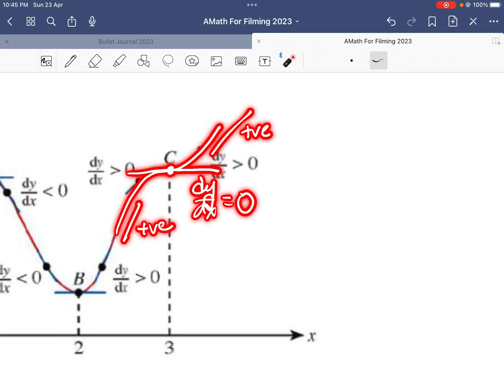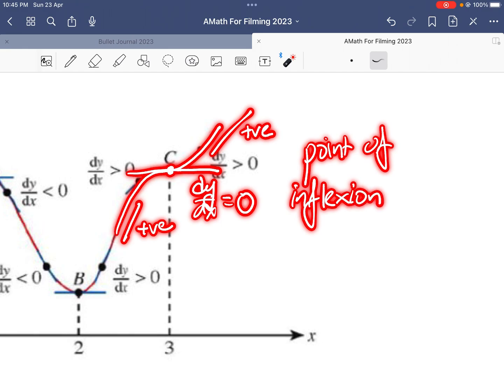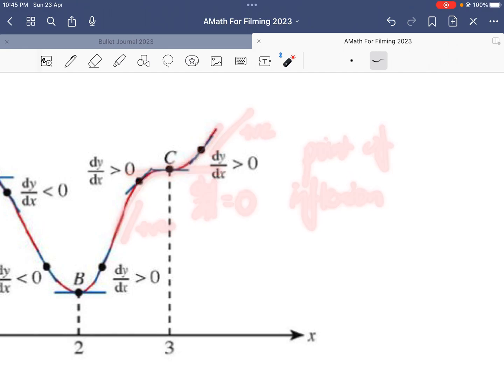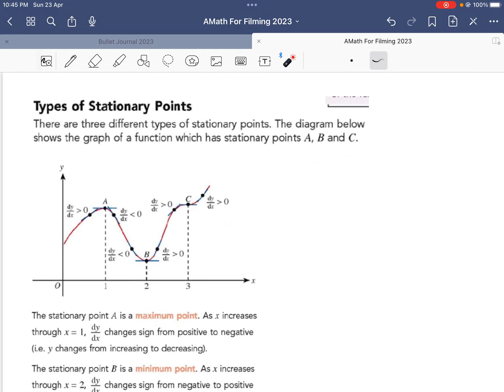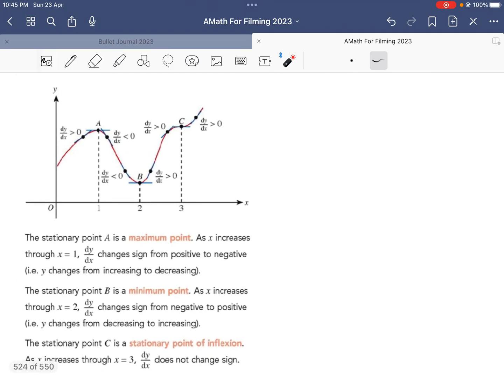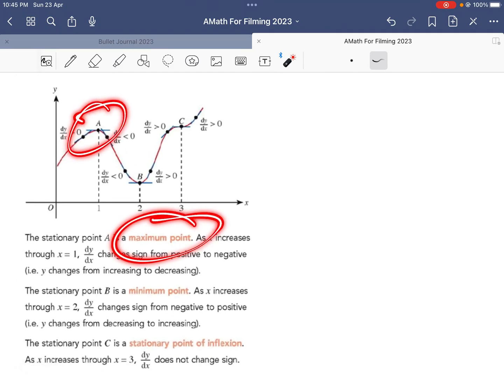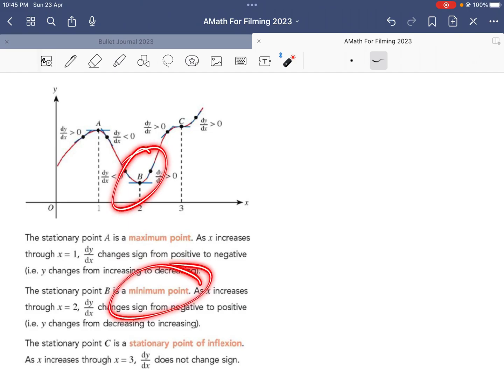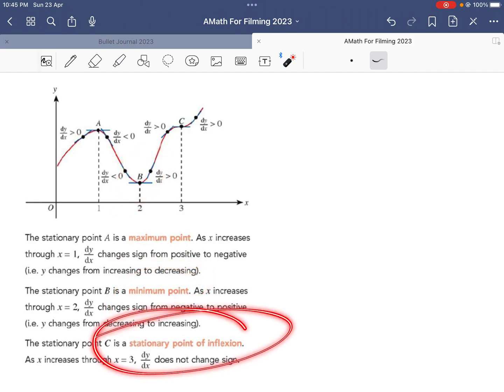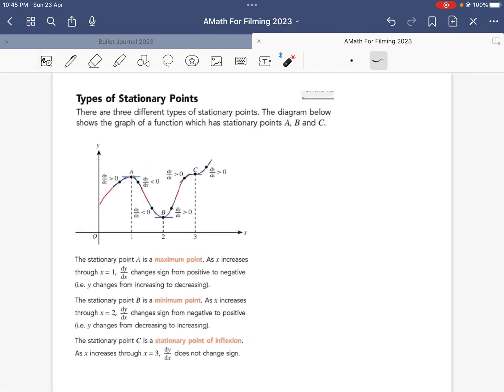This is a special kind of stationary point known as a point of inflection. So this is what we have in point C itself, which is a point of inflection. So these are the 3 different points: the maximum point, the minimum point, and the stationary point of inflection, which was shown by point C in this example itself.